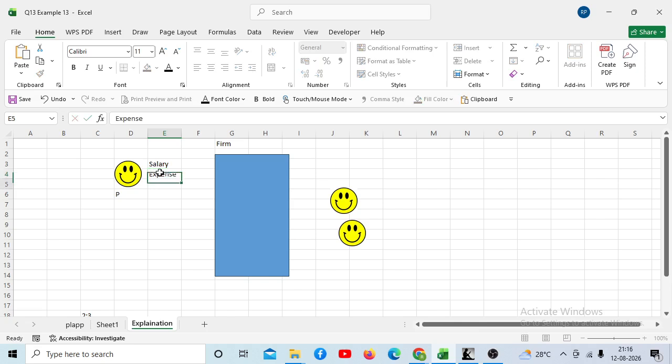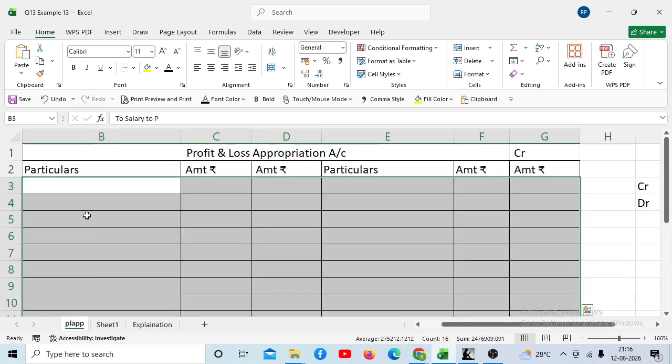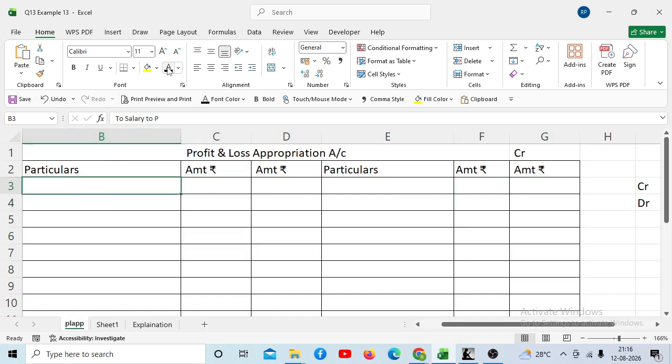So can I say expense is increasing? Yes. So what is your golden box telling? If expense is increasing, it will be written on the debit side. So write on the debit side: to salary to P.